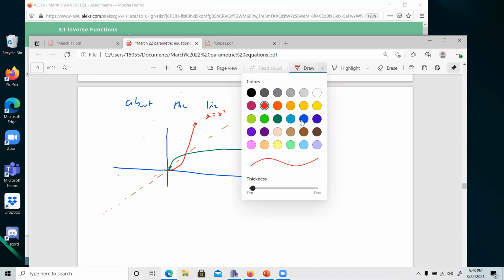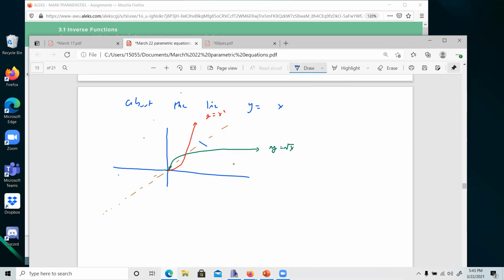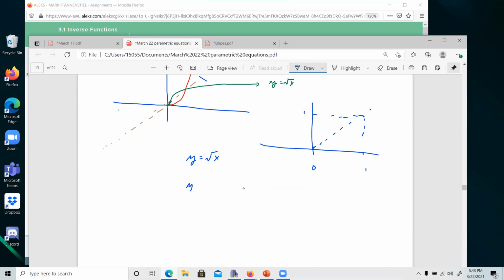Why did you draw it that way? Square roots, right? So here's 0. Here's 1. If I take y equals the square root of x and y equals x squared, you usually think x squared is bigger.